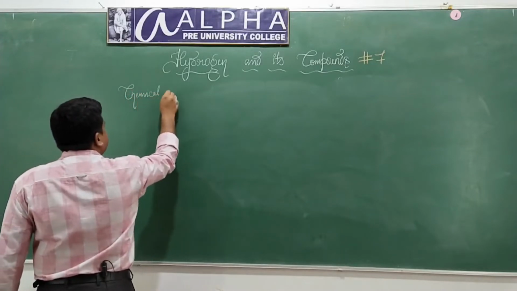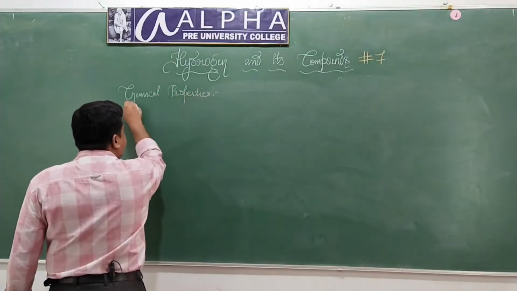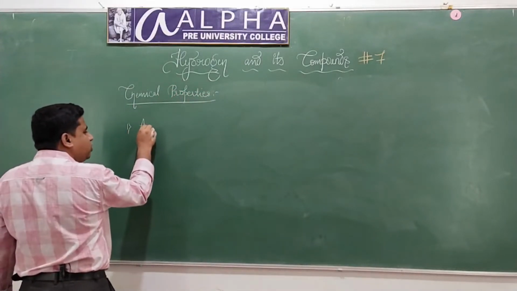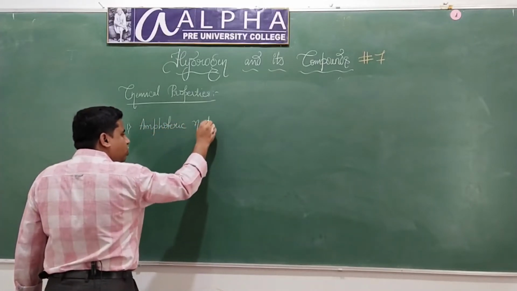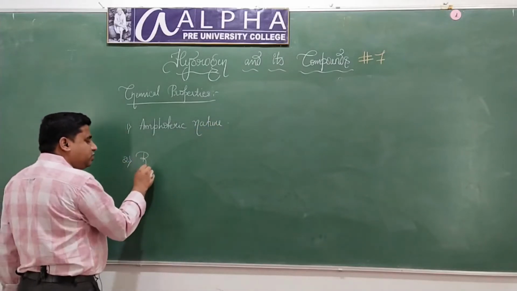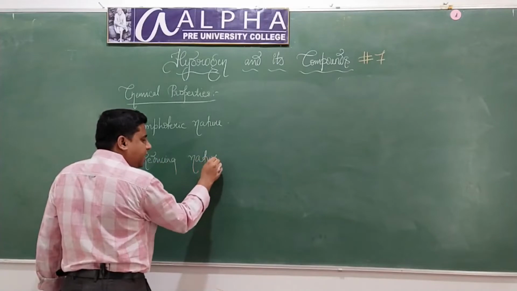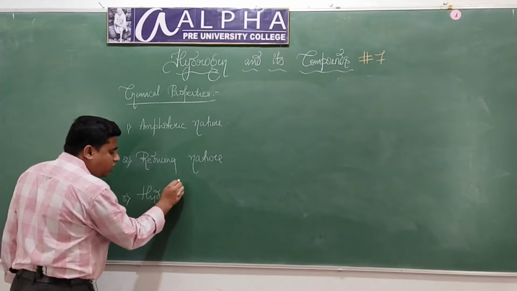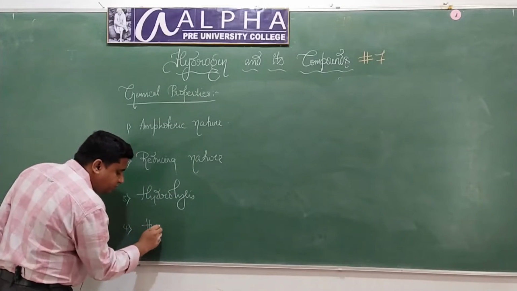Now with this background, let us talk about the chemical properties of water. Under chemical properties, we'll be talking about the amphoteric nature of water, the reducing nature of water, then hydrolysis, and lastly, the different hydrated salts.